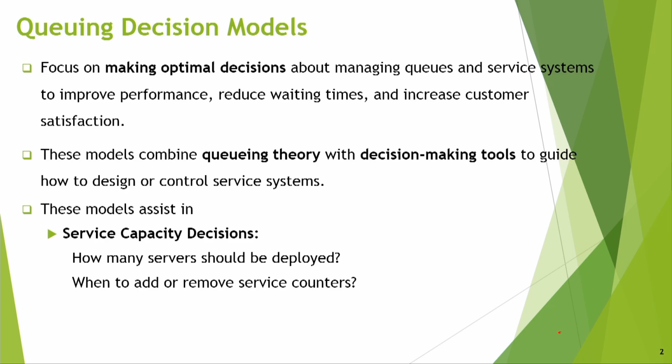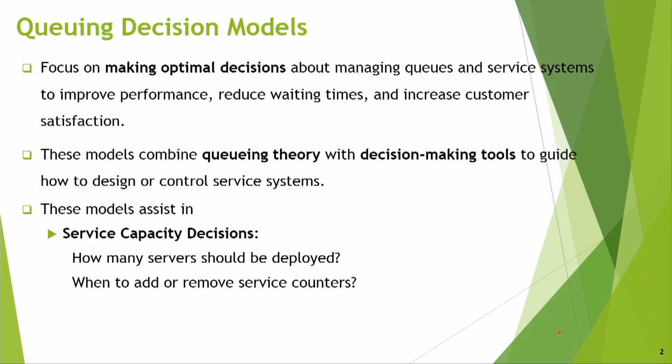So these queuing decision models assist in many things. One is the service capacity decisions, like what should be your service capacity. For example, how many servers should be deployed? That is a very pertinent question. Like in a booking counter, how many counters should be there at any station? Or how many computers should be purchased with operators.